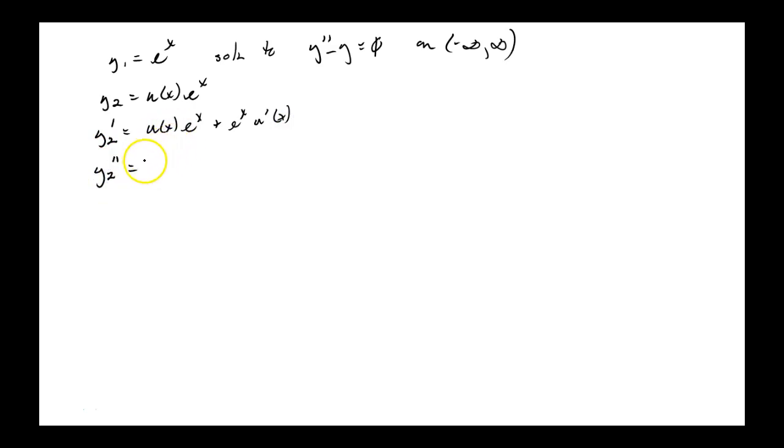U prime of x e to the x, plus u prime of x e to the x, plus u of x e to the x, plus u prime of x e to the x, plus u double prime of x e to the x. Okay?